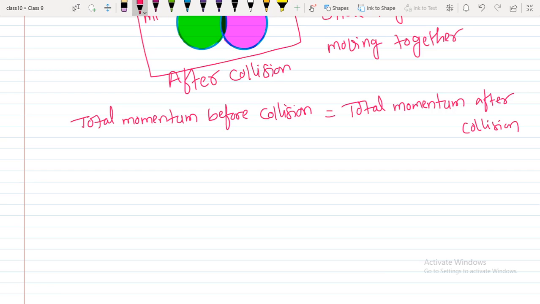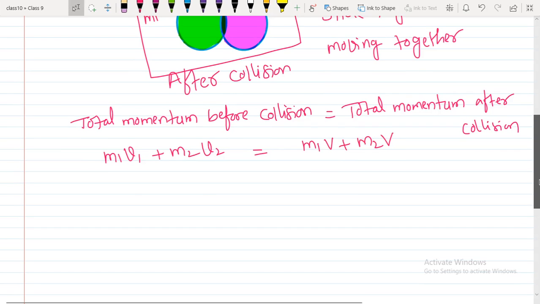Now if I write that in terms of a formula, I have m1 v1 plus m2 v2 is equal to m1 v plus m2 v.